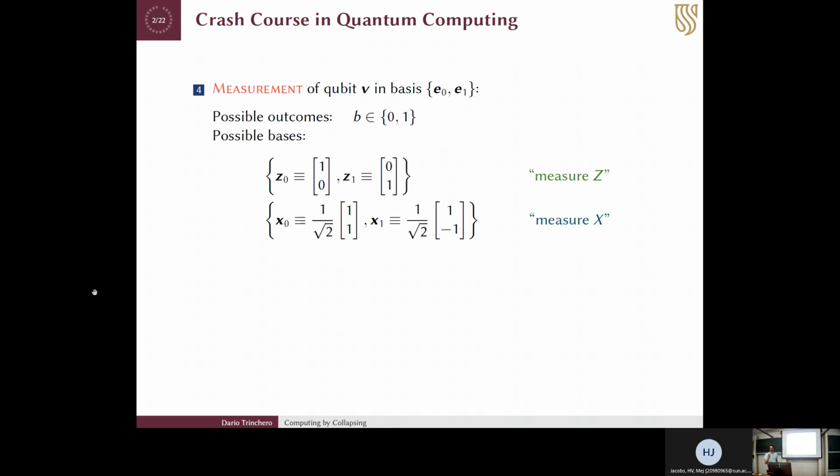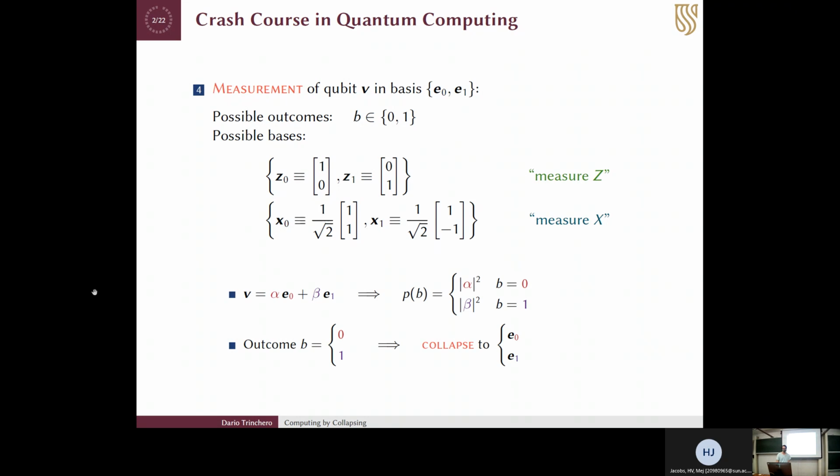But for our purposes, it's just important to know that they are different, and we can pick one of them when we're making a measurement, and that will influence the outcome that we get in a way that I'll describe in just a moment. Usually when we measure with respect to the Z basis, we talk about measuring Z, and when we measure with respect to the X basis, we talk about measuring X. But this is a bit of an abuse of terminology.